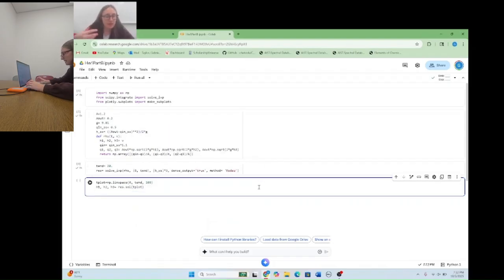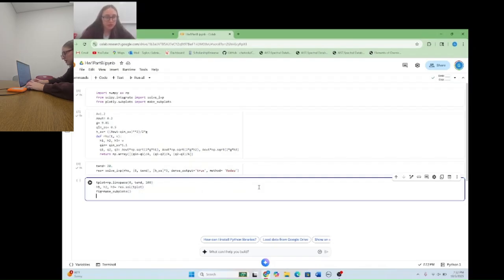And then after that, we can now make our subplots. So fig equals make_subplots. And we don't have to do anything crazy with that. And then fig.add_scatter.